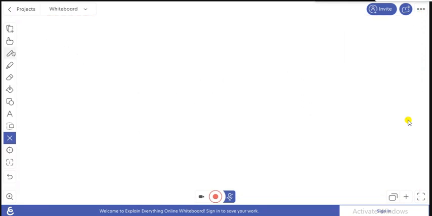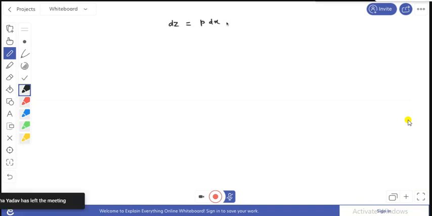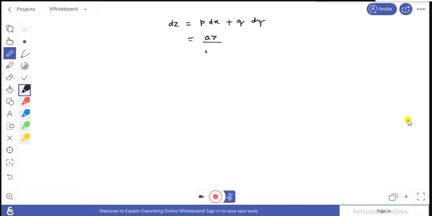So next page, this dz equals basically p dx plus q dy. So this p is az upon 1 plus a x to the power half dx, and q is z upon 1 plus a y to the power half dy, and this is dz. तो z वाले टर्म को हम लेफ्ट हैंड साइड ले चले, तो this is z to the power half और z to the power half. ओके, और कांस्टेंट भी कॉमन आ जा रहा है, तो इसको भी हम इस साइड ले लें.